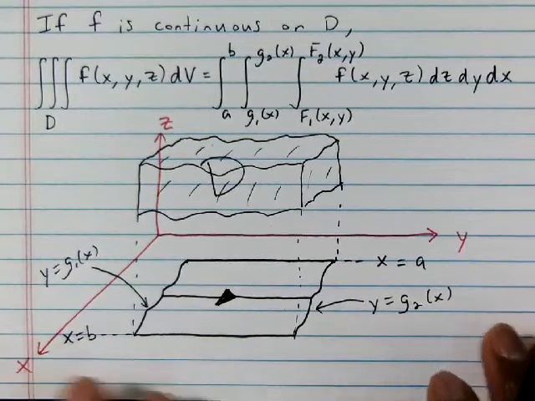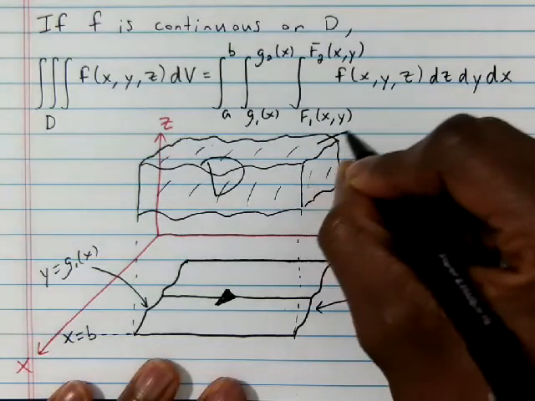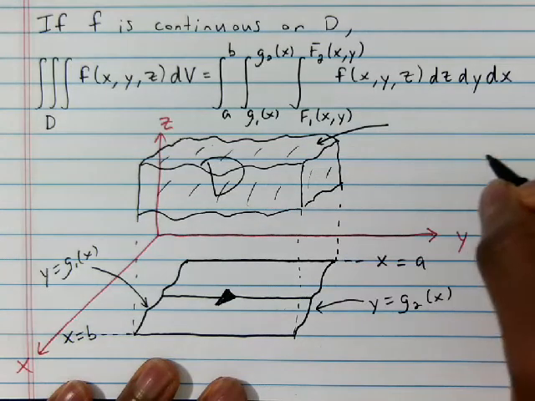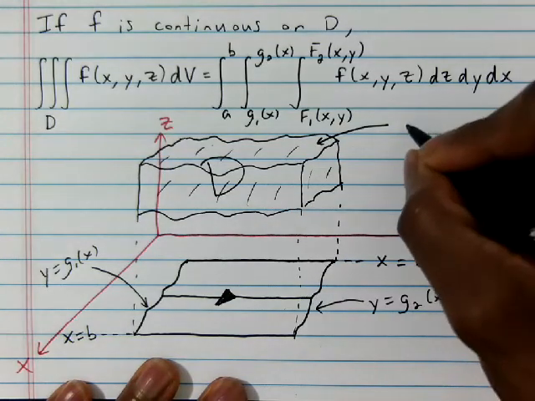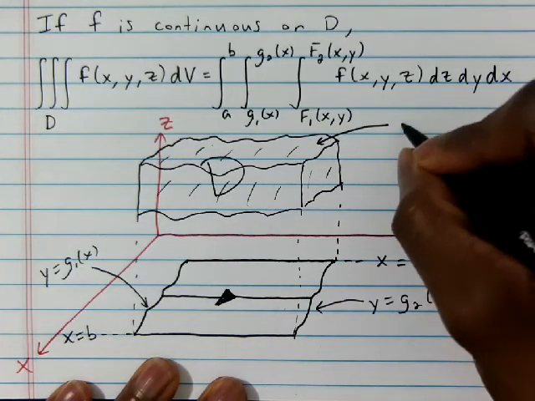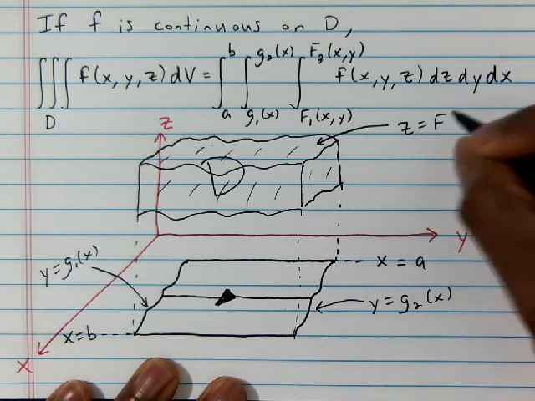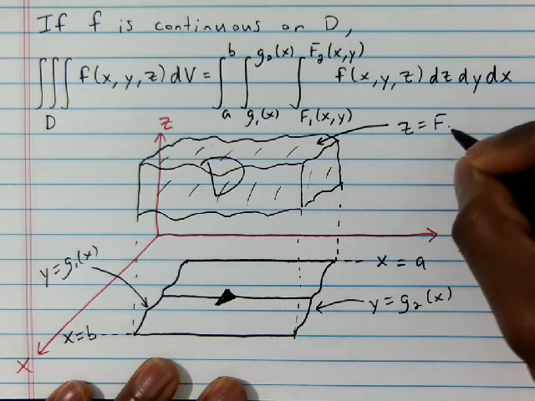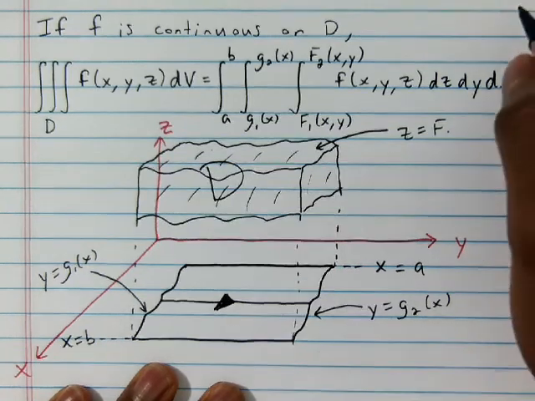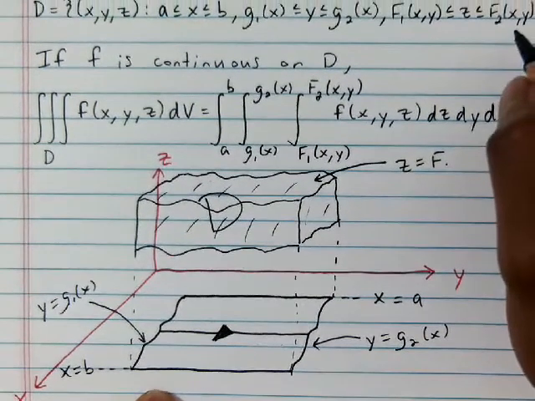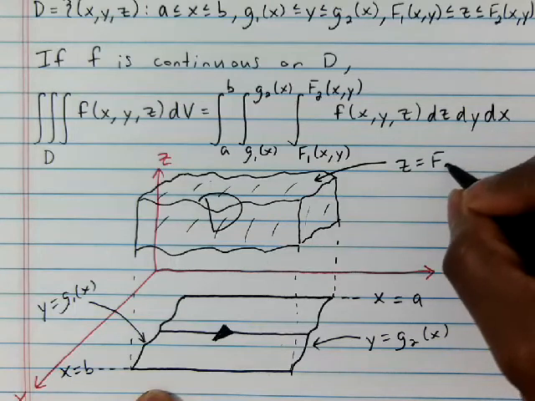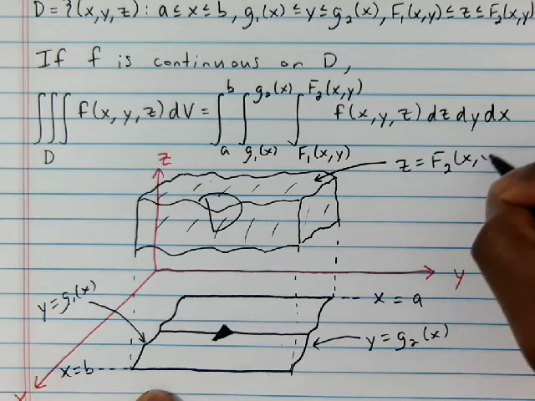So now let's represent that part in our picture. We're missing that. This up here, this top part of our region is z equals f sub 2 of xy.